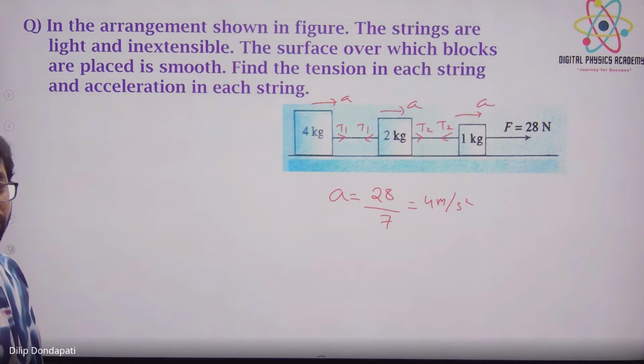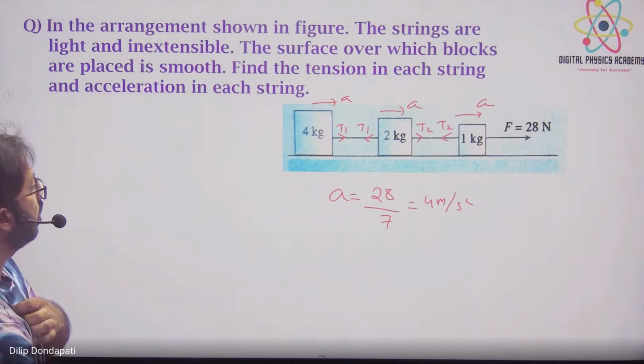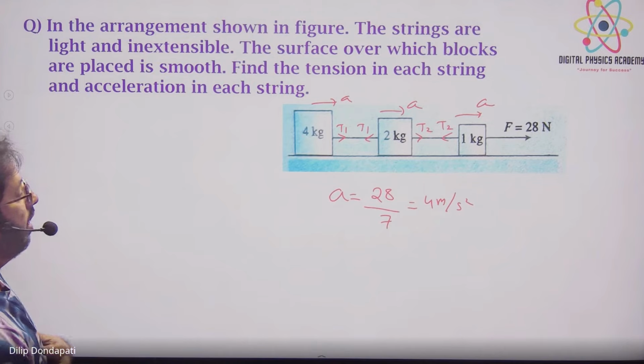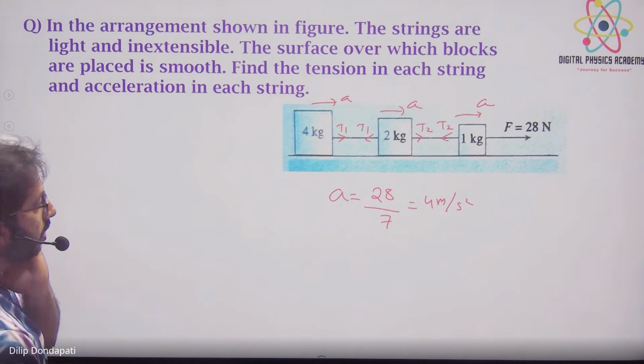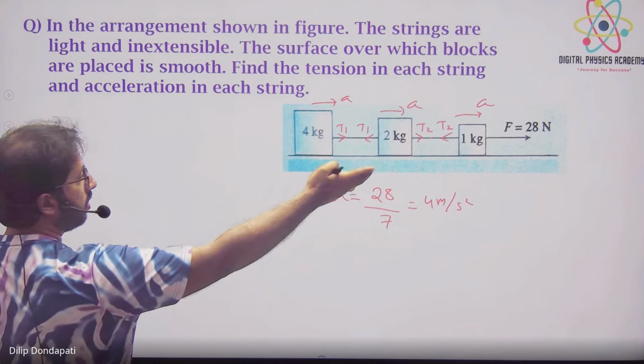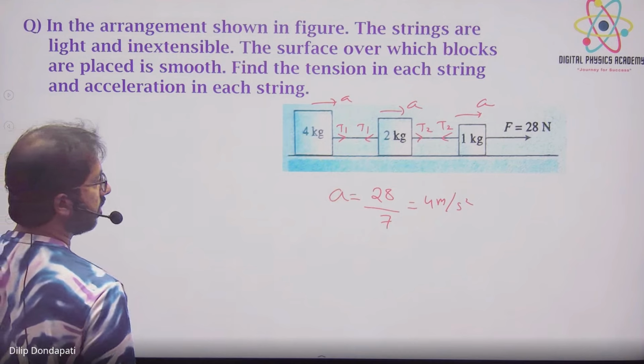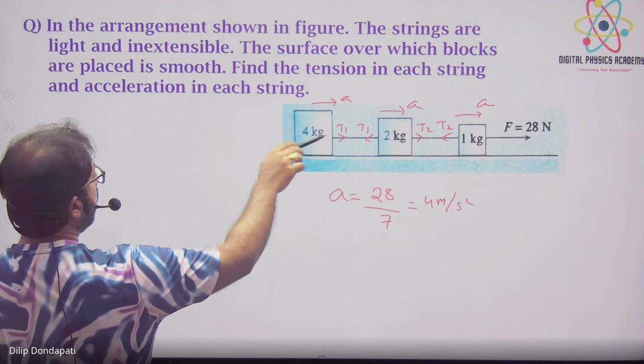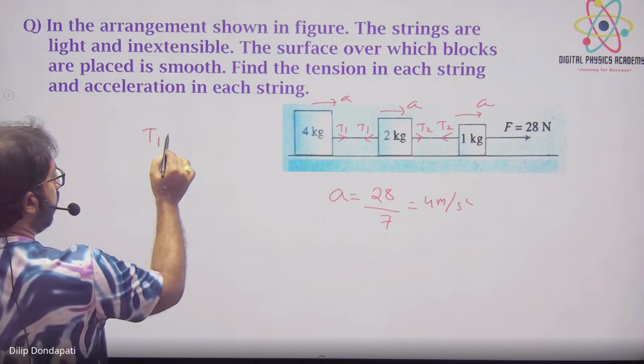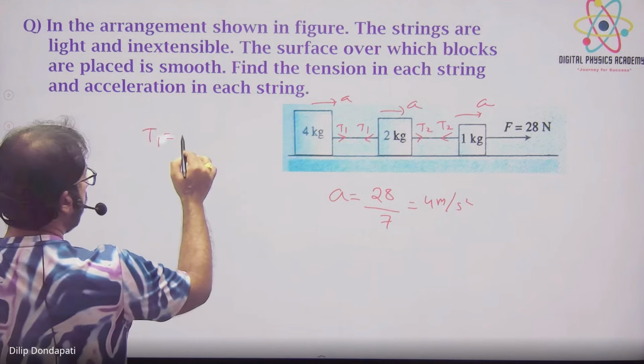Net force equals ma. Won't the acceleration in each block be 4 only? Because they're connected and being pulled, all are moving with the same acceleration. So apply net force equals ma: T1 is equal to m into a, 4 into 4, 16.